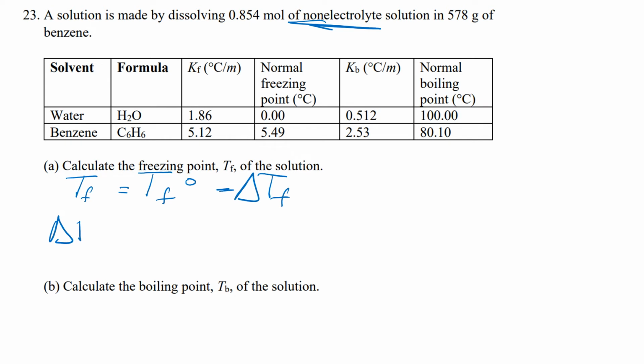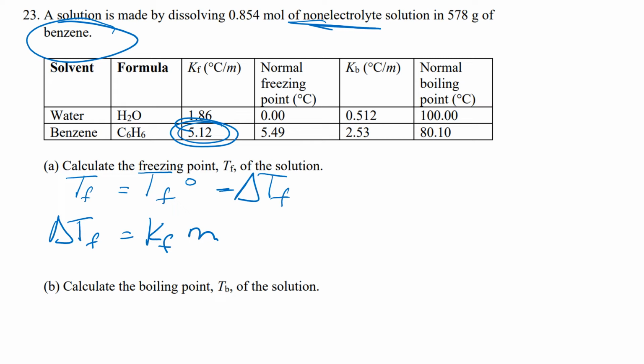And the freezing point depression is going to be Kf times molality. Kf is given to us because it does say that the solution is benzene. So we have to use the Kf of benzene, which is 5.12. And we need to know what the molality is.